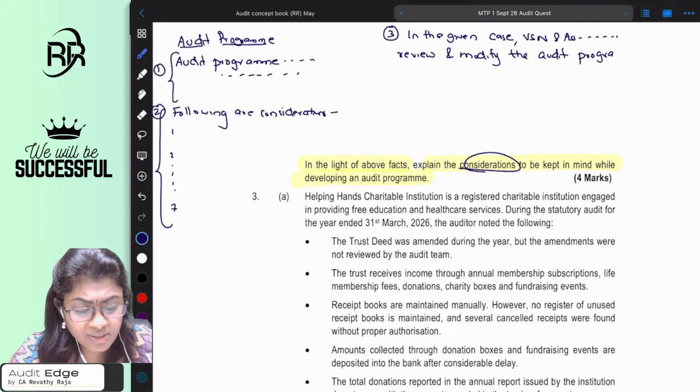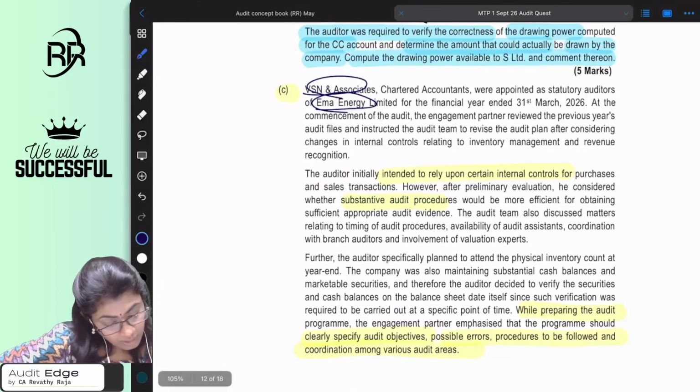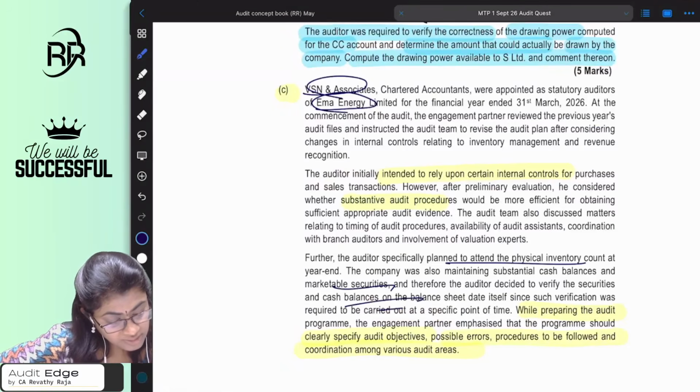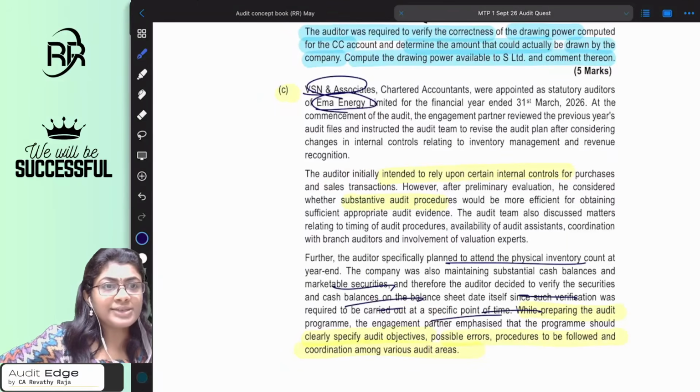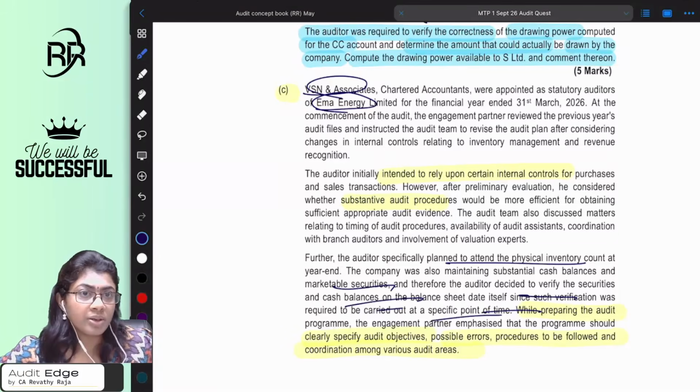Why am I writing this, review the audit program? Because they plan to attend, and there are a lot of things happening. So audit program is not one time, it is subject to periodic revision.